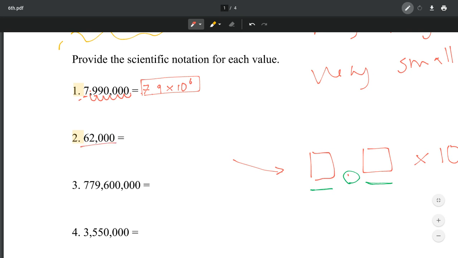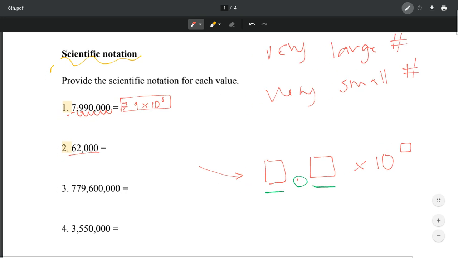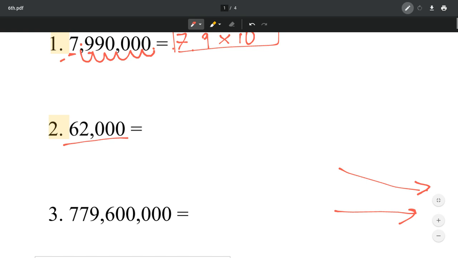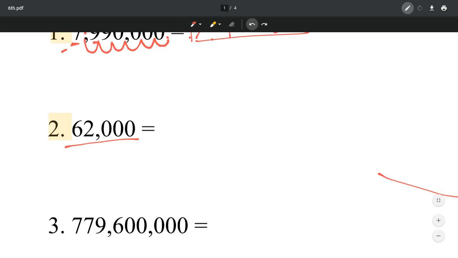62,000. Again, that's a big number to work with, right? So we're going to change it to this form again. How do we do that? Again, we have a decimal point at the end, and we want to move it left. We go 1, 2, 3, 4, 4 times to the left, and then we put a decimal point there in between the first digit and the second digit.